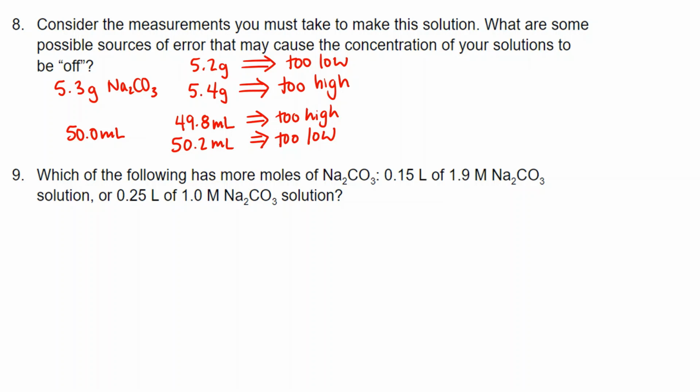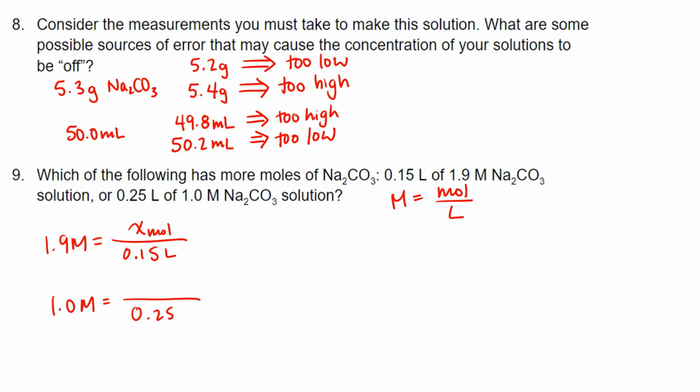Question 9 is asking which one has more moles of sodium carbonate. So we've got two solutions here. Remember that our molarity equation is moles over liters. For my first solution, I have 1.9 molar, and I have 0.15 liters of it, so I can solve for moles. In my other one, I have 1.0 molar, and this time we have 1/4 of a liter.